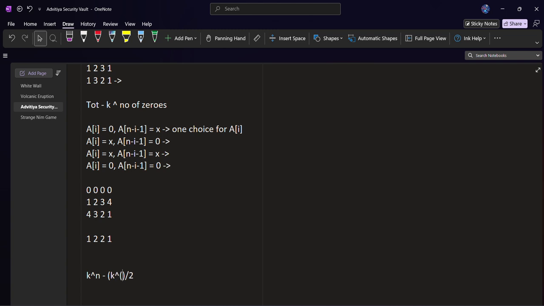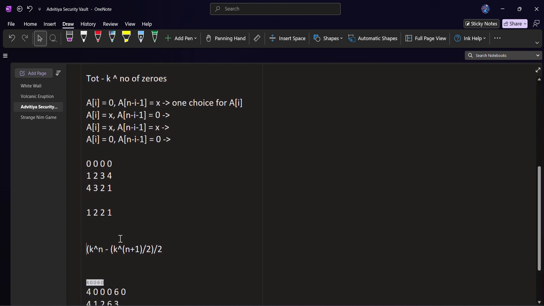We have to subtract all the palindromes from here and finally divide by 2. So this is the count of the reverses that we need not count, so we have to subtract it from the original answer.